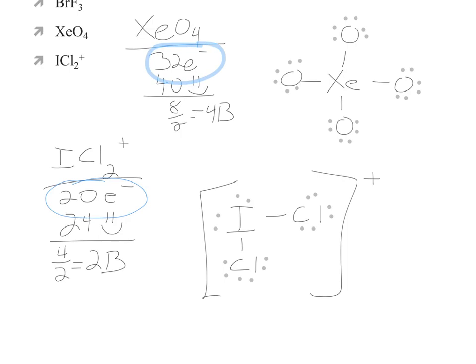So we still have 1, 2, 3, 4 regions on the iodine, so that gives me tetrahedral, but only 2 of them are bonds, so bent. Okay, and we would need to be able to apply this. Every molecule has 2 names to it: the orbital or electron pair shape, and the molecule shape, which just considers the bonds.